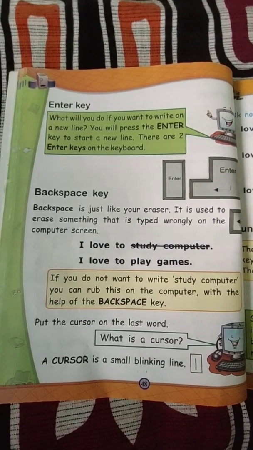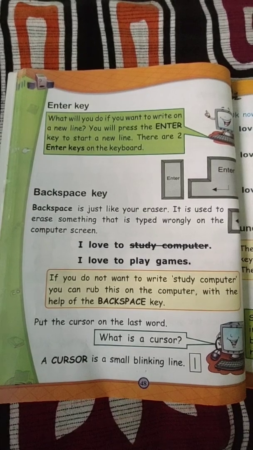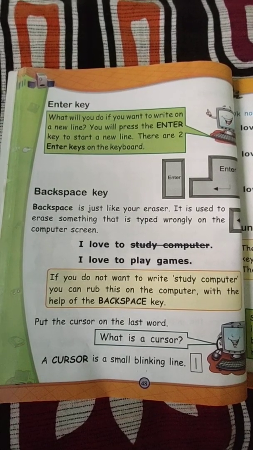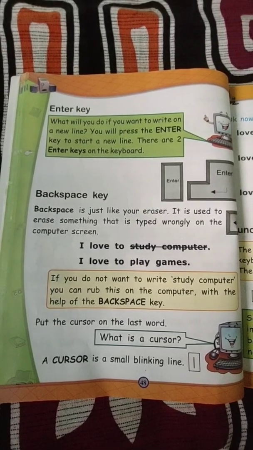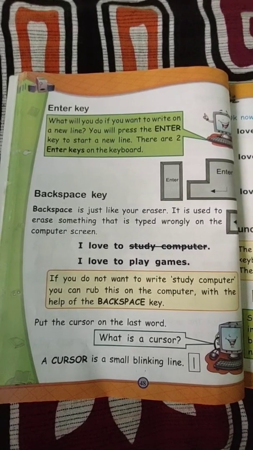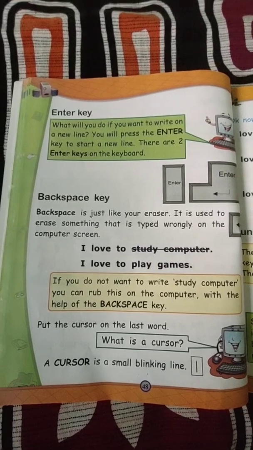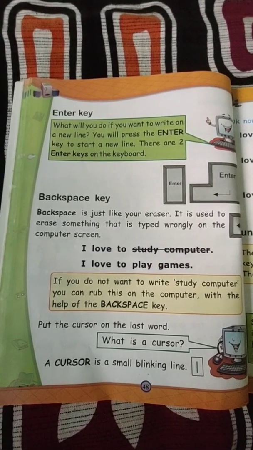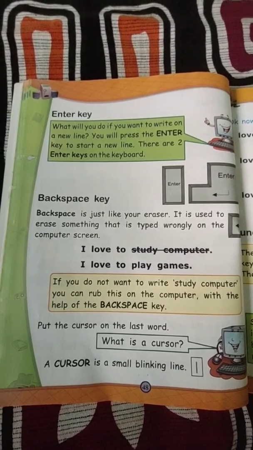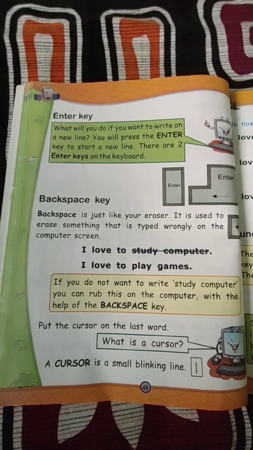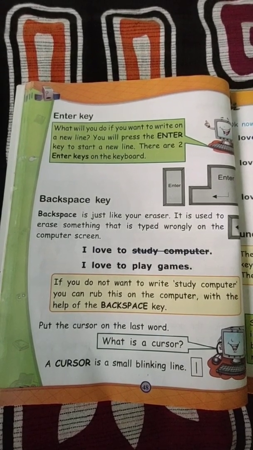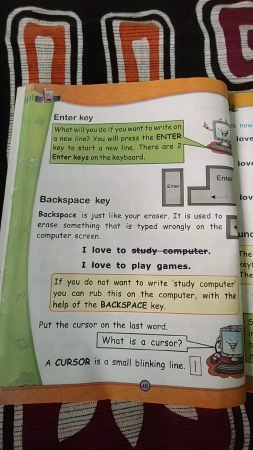Enter key is used to start from a new line. When you press the enter key, it will start from a new line. So whenever you want to write anything from a new line, when you press the enter key, it will start from the new line.